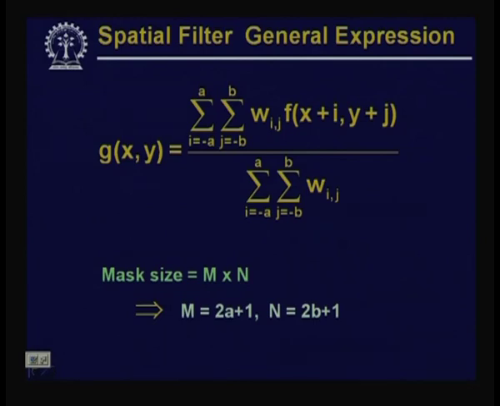Here it shows that we can have a neighborhood of size m by n, where m equal to 2a plus 1 and n equal to 2b plus 1, where a and b are some positive integers. Obviously, the mask is usually of odd dimension, not even dimension, and masks of odd dimension are normally used in image processing.